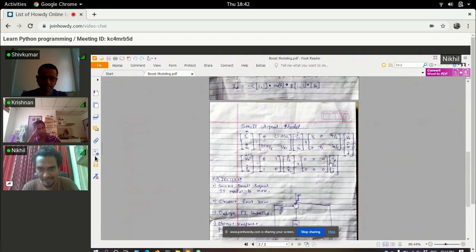And in the B matrix, the D input is associated with the third column, because D cap is the third variable. So the third column is what we require for VO by D. So what should be the A matrix and D matrix in that case?